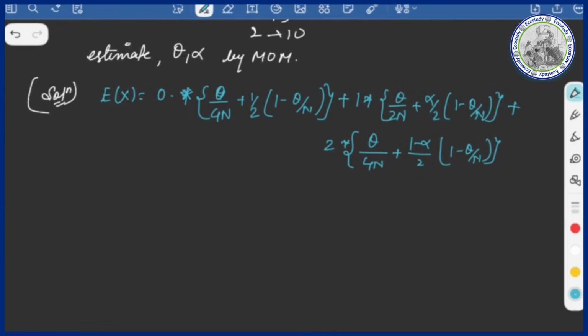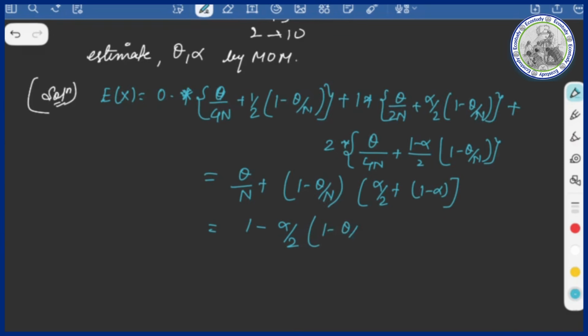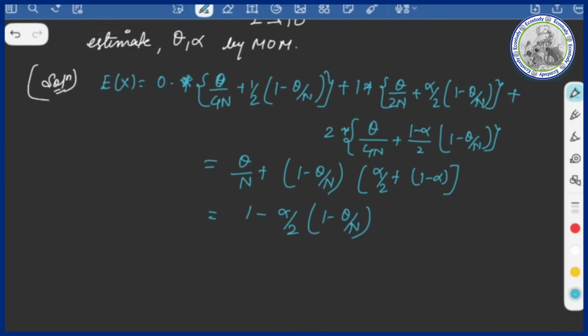After solving this, what will you get? You will get theta upon n plus 1 minus theta upon n into alpha by 2 plus 1 minus alpha. Just try to solve it, and the final value will be 1 upon 2 upon theta upon n.